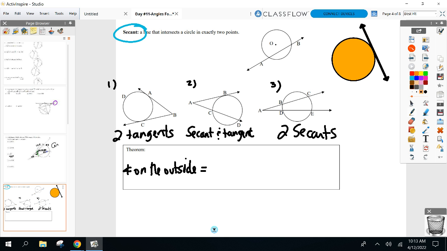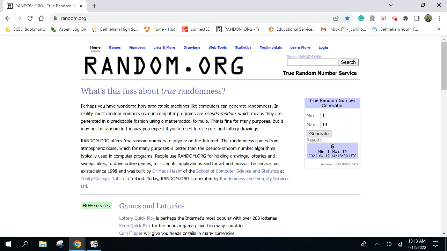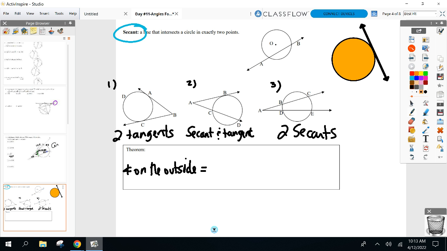We added them, correct. Now for an angle on the outside, we're going to subtract the 2 arcs in between.